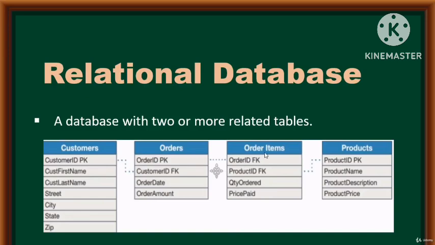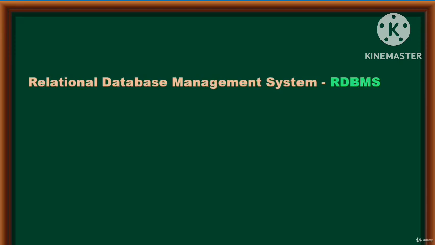If we look at the order items table and the orders table, we've got an order ID, we've got an order ID. You can see the dot here representing the relationship. Likewise, we've got a table called products. You can see that we've got a product ID and we've also got a product ID in this order items table. So you can see the dot here representing the relationship between the tables.